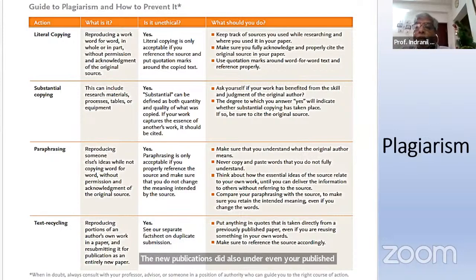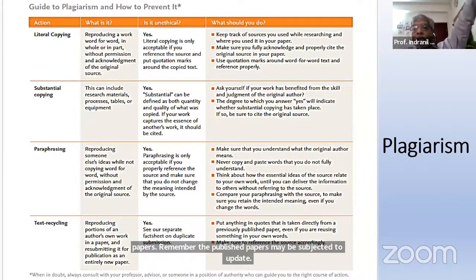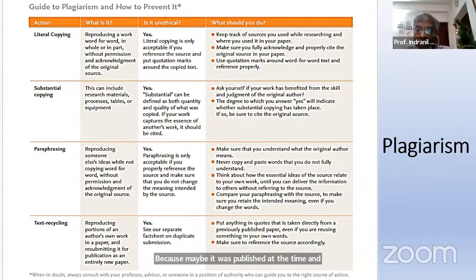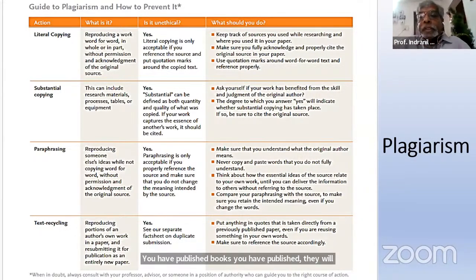Remember, your published papers may be subjected to a plagiarism check, because maybe they were published at an earlier time when such plagiarism checks were not so stringent. So your book chapters, papers, and books will be subjected to strict plagiarism checking.